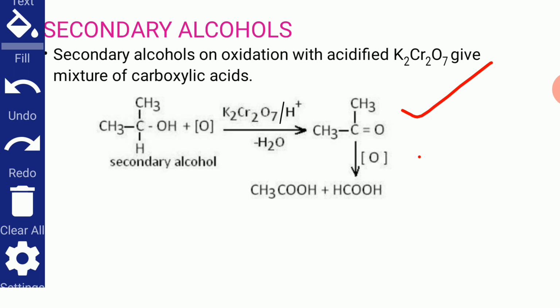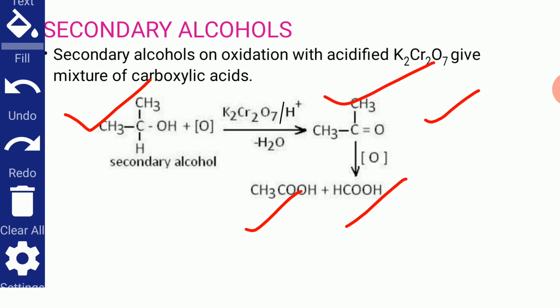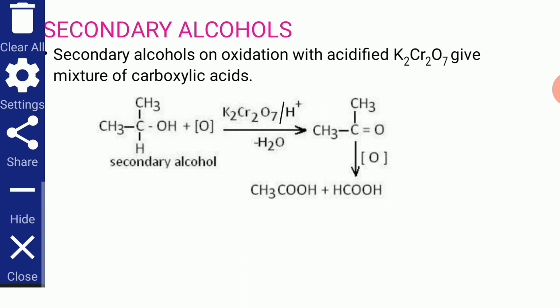Ketones on further oxidation will give a mixture of acids. I repeat, the secondary alcohols will yield ketone carbonyl compounds containing the same number of carbons, and the ketone on further oxidation will yield a mixture of acids as the final product.